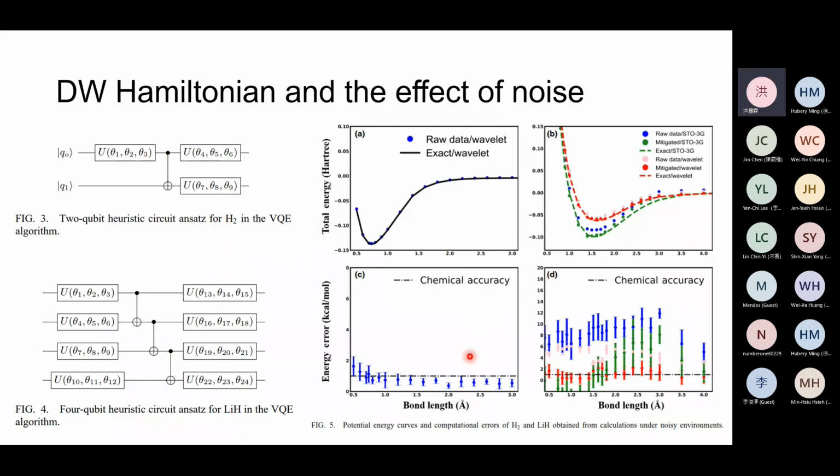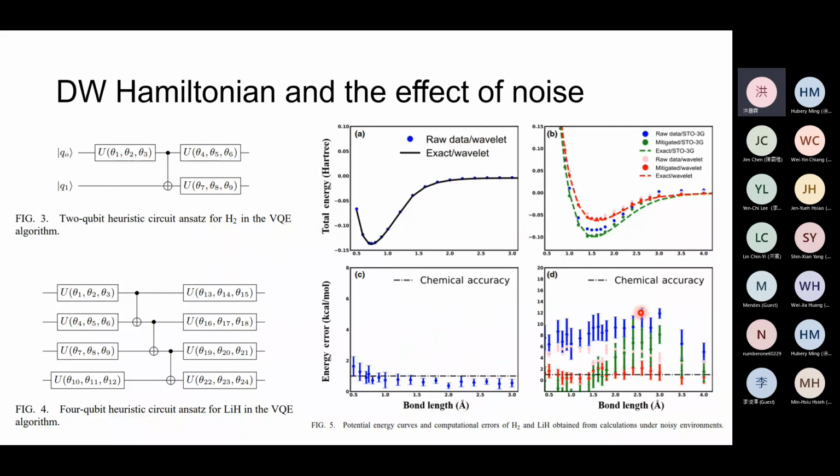First, we can see that the raw data of wavelet can achieve chemical accuracy and does not need any error mitigation.